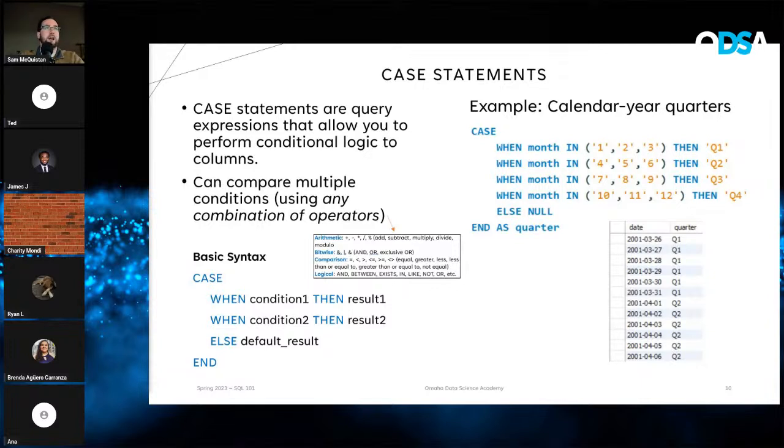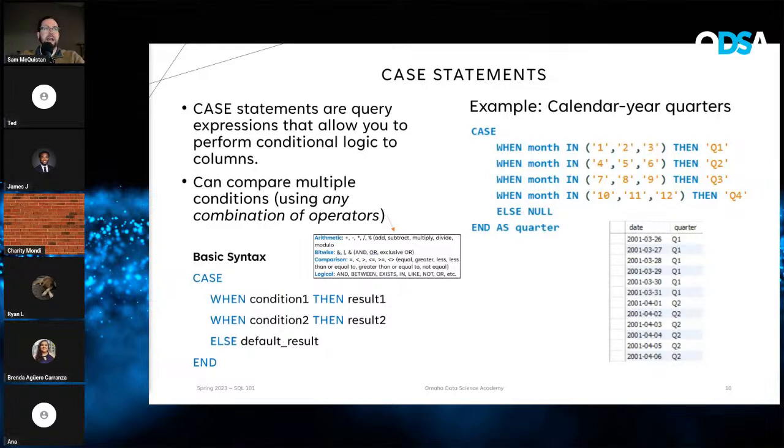Quarter three is July, August, September. And quarter four is October, November, December. But what if we had a table that didn't have this quarter information and we wanted to figure out what days were in a quarter, for instance, or how many days were in a quarter? That would be an example of when you'd want to use a case statement.